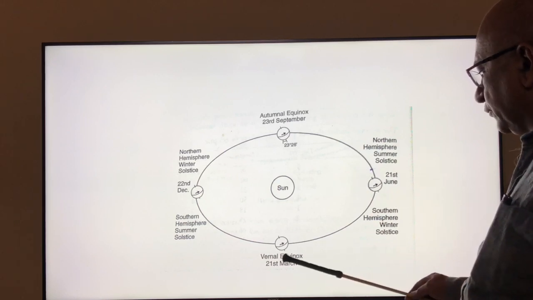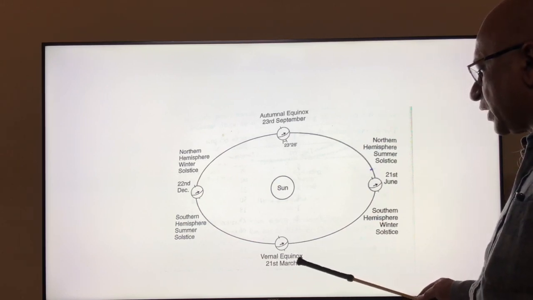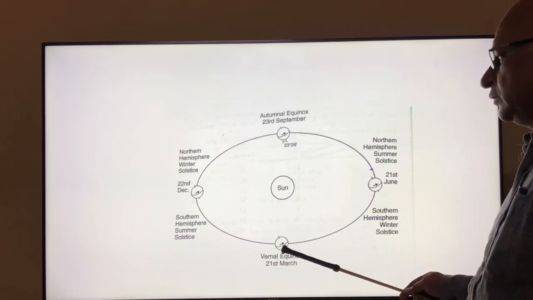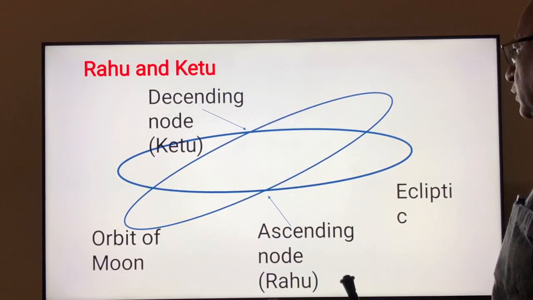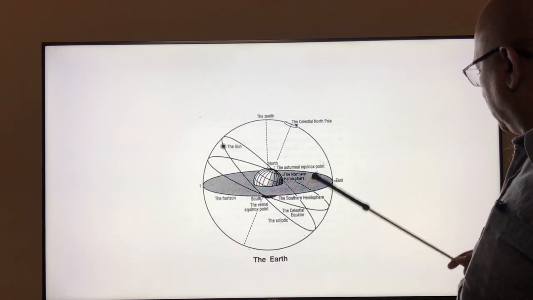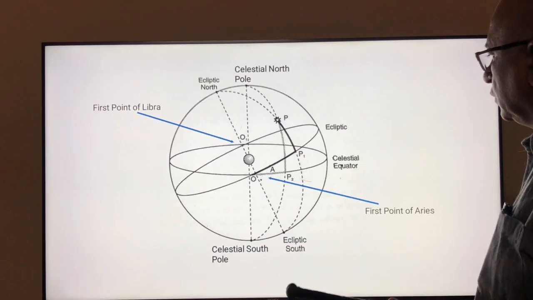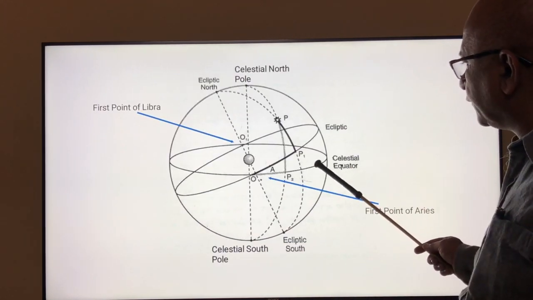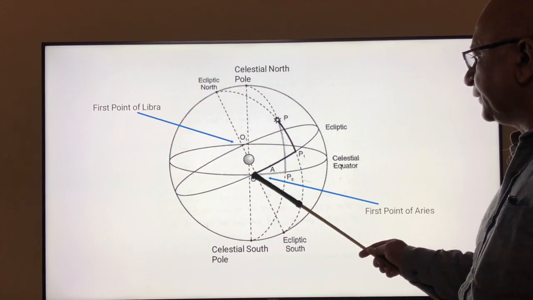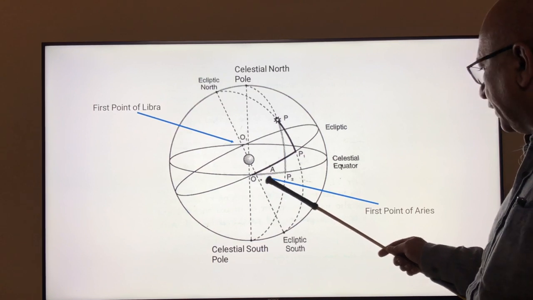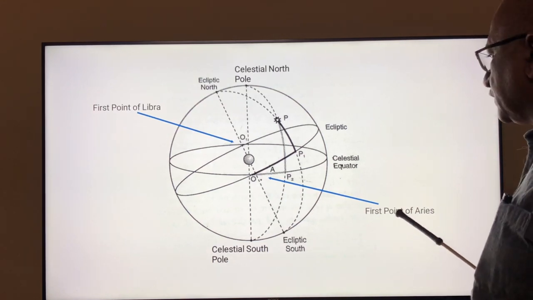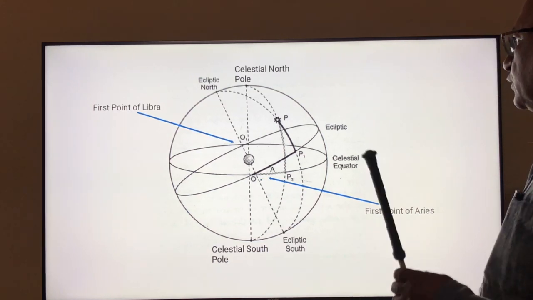So these are called the vernal equinox on 21st March, when the celestial equator and ecliptic intersect. This is the point on 21st March when the first point of Aries is seen.